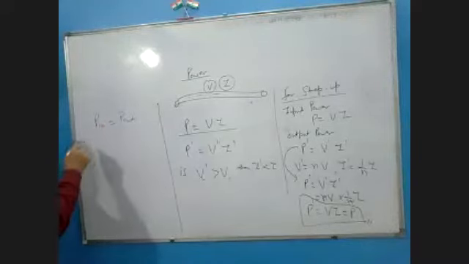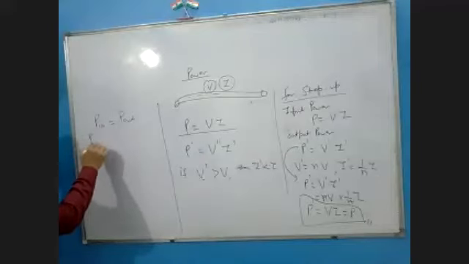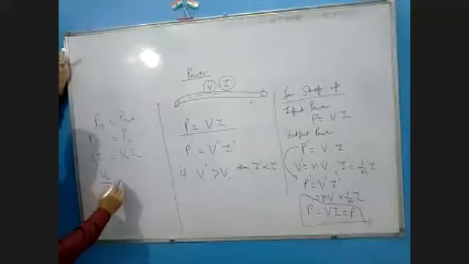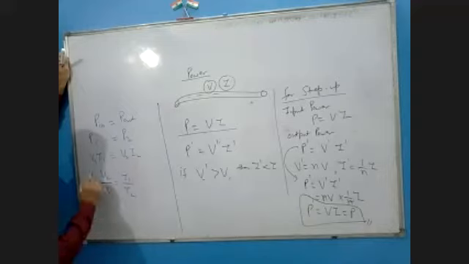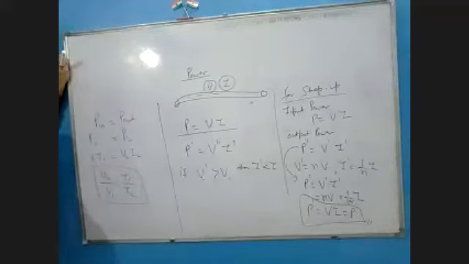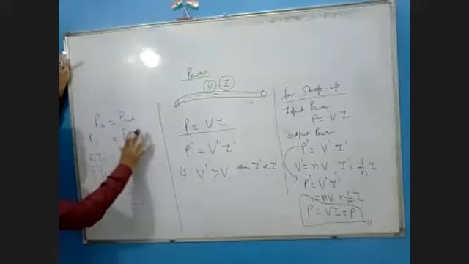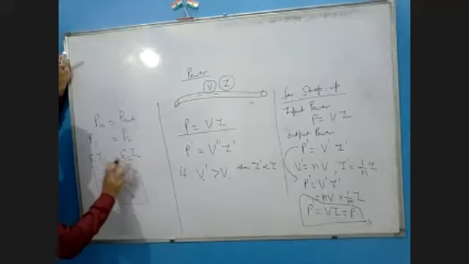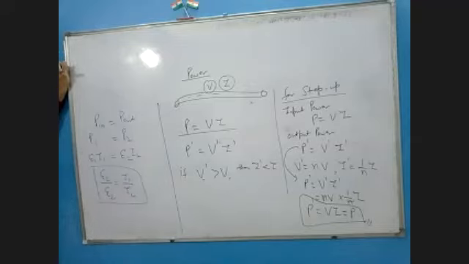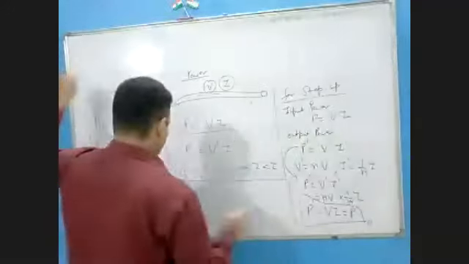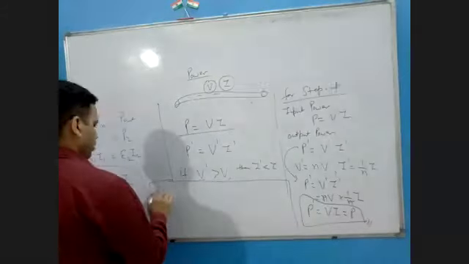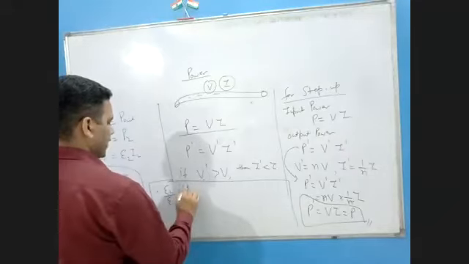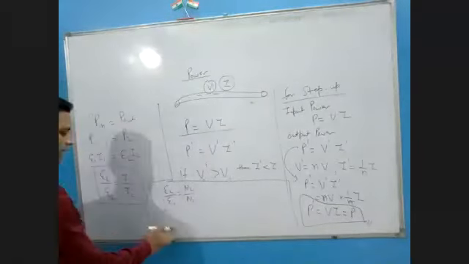So overall we can say the input power is equal to the output power. Let the primary coil power be P1 equal to V1 I1 and the secondary V2 I2. So from here we can say V2 upon V1 is equal to I1 upon I2. You can say power in terms of EMF E, so E2 upon E1 equal to I1 upon I2. And we know that E2 upon E1 is equal to the transformation ratio N2 upon N1.